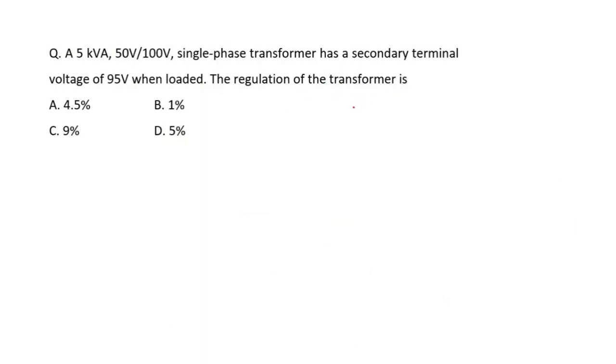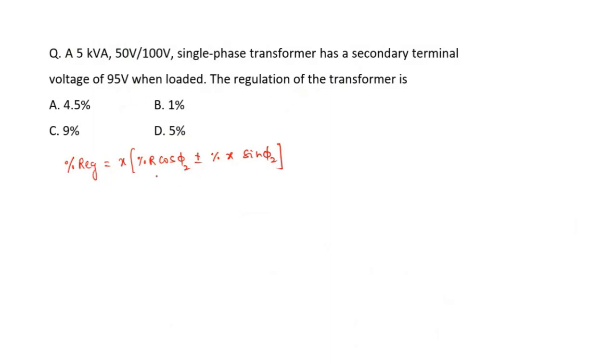asking regulation. So we know the percentage regulation is equal to percentage R cos phi 2 plus percentage X sin phi 2. We have the secondary terminal voltage, and it is directly asking regulation.